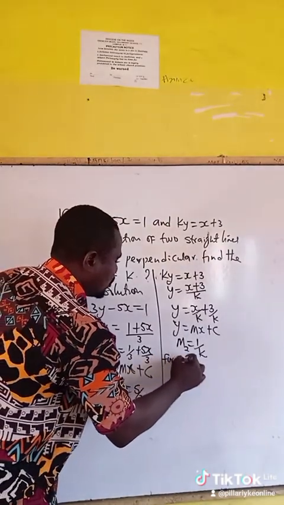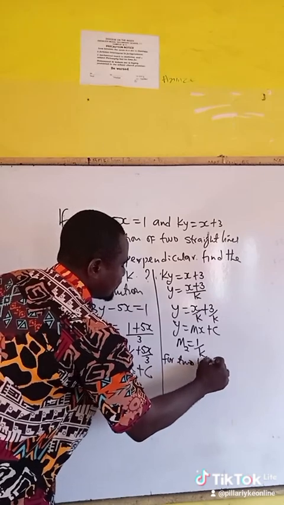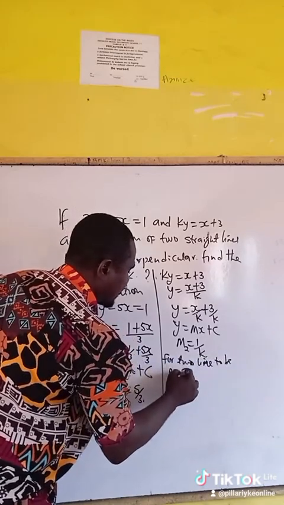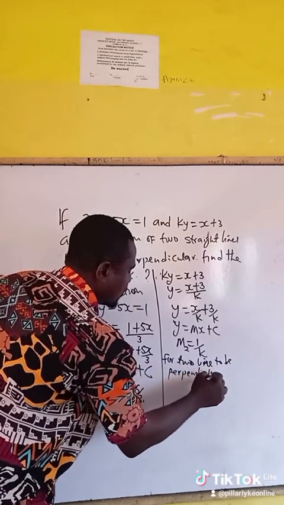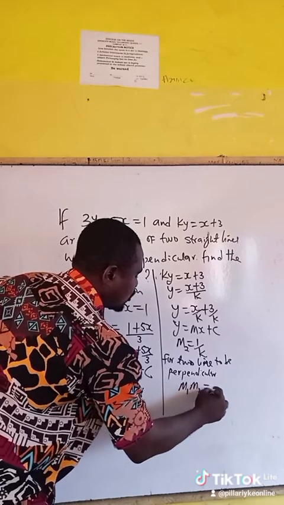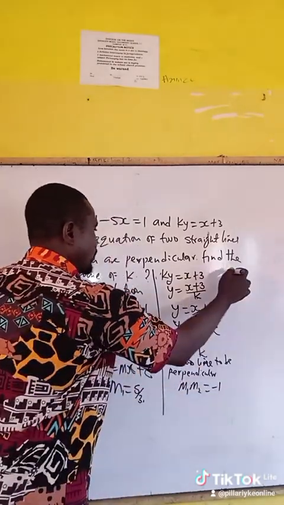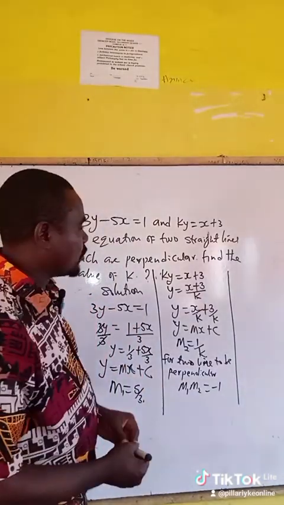But for two lines to be perpendicular, it means that M1 times M2 is supposed to be equal to -1. So we are going to substitute the value of M1 and the value of M2.